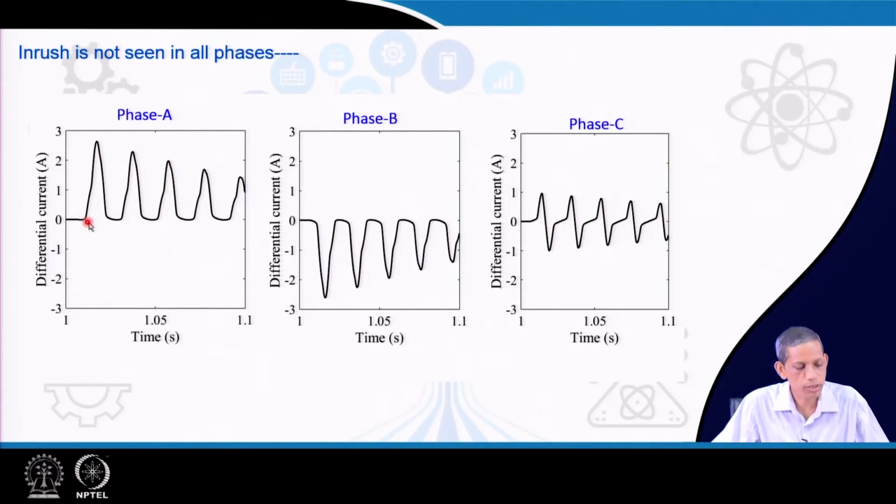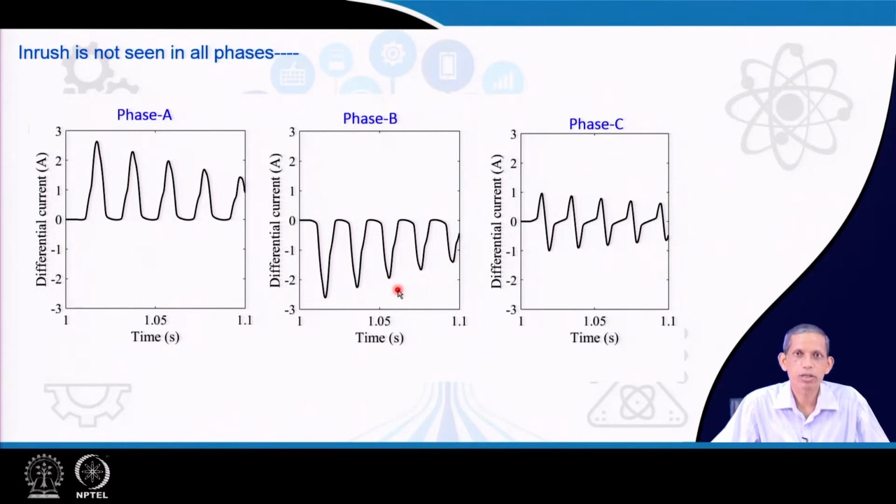Typically, phase A current is in the positive half, and the negative half you see in phase B, and phase C has very low current, a normal magnetizing kind of current. So, all phases do not see a large amount of current due to inrush in general.